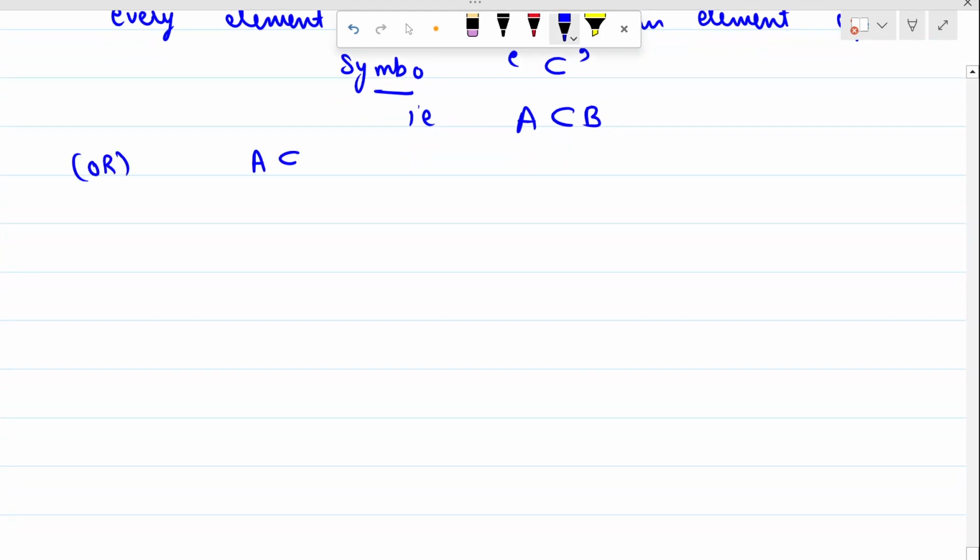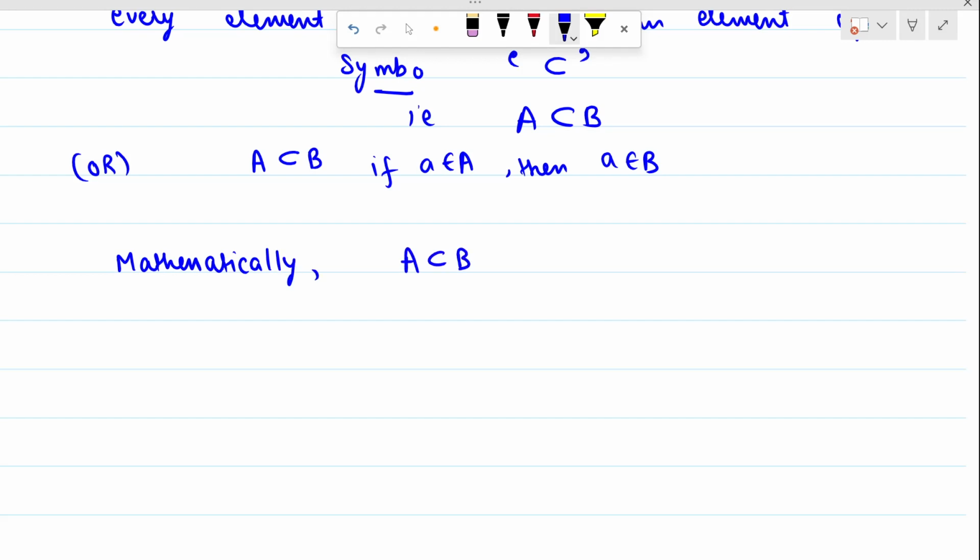A is a subset of B if element a belongs to A, then a belongs to B. So mathematically we can write: A is a subset of B if a belongs to A implies a belongs to B. So this symbol means implies.